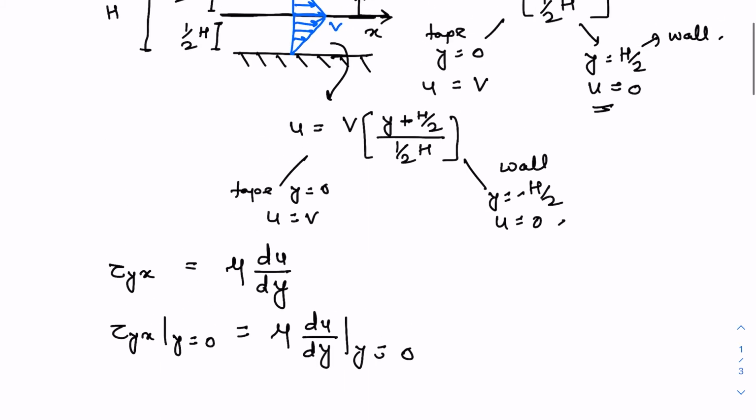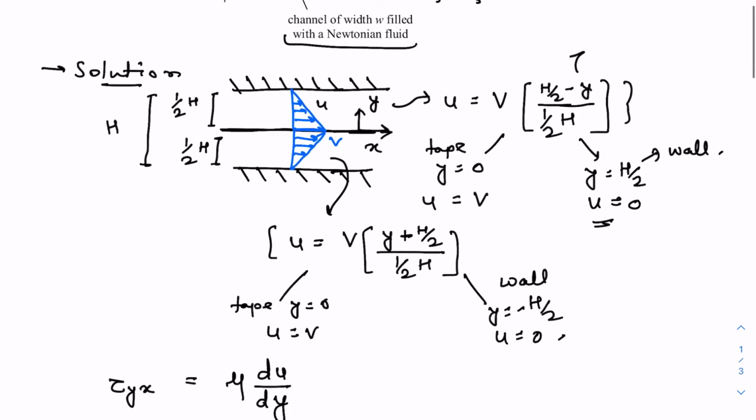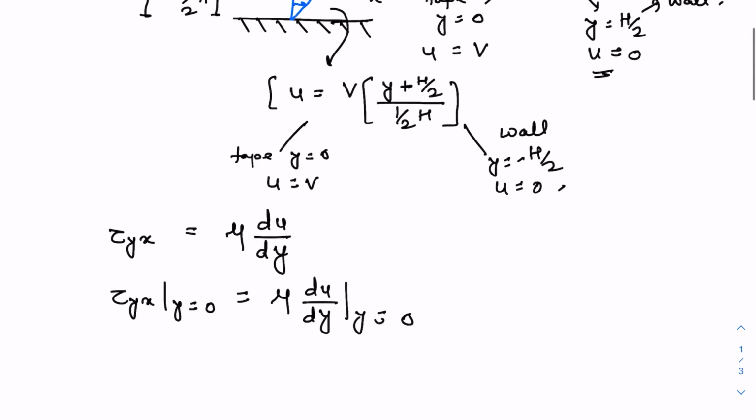Now from these two velocity profiles, for the upper half, du by dy is minus 2v by h, and for the lower channel, du by dy is equal to 2v by h.